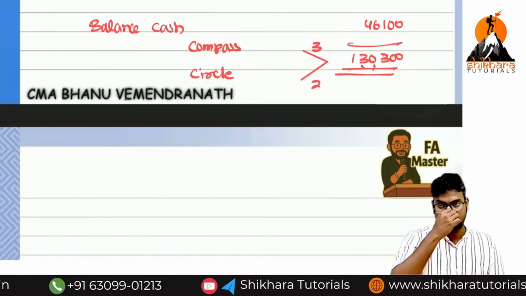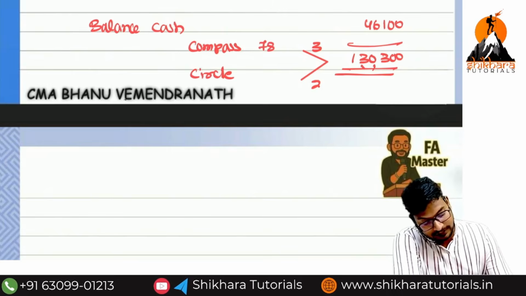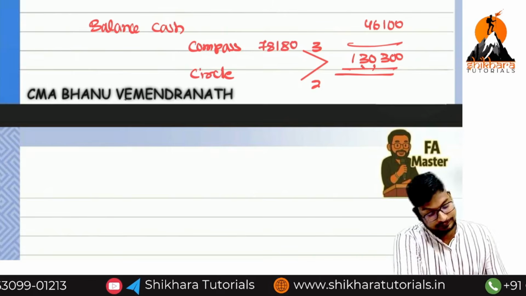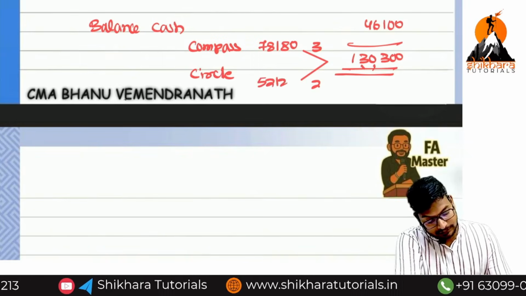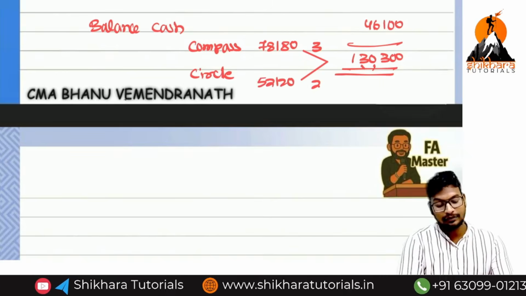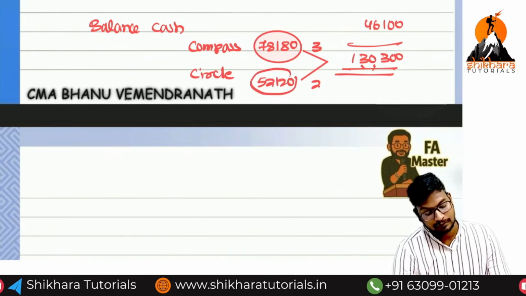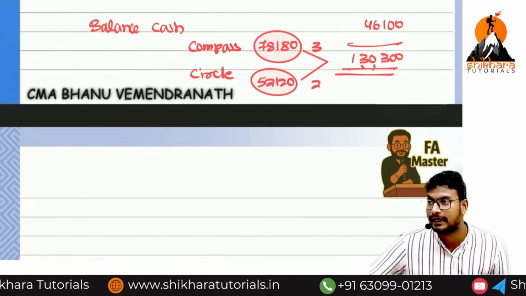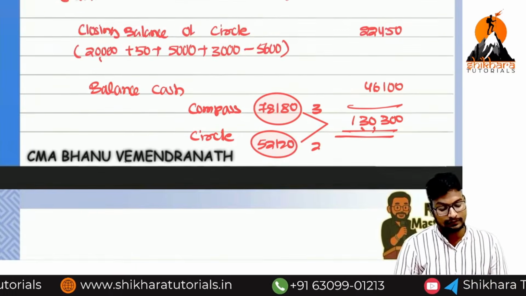How much? 78,000, 180. 32,120. What is the meaning of these two things, amma? Closing balance, nothing but carry down or brought down. Carry down. 78,180 and 52,120.